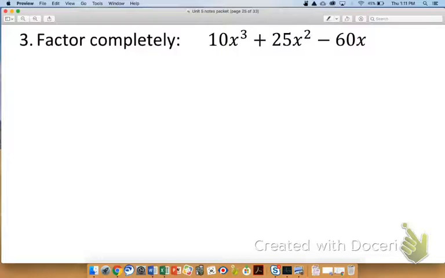Good start on the GCF so far. Did you do this by yourself?